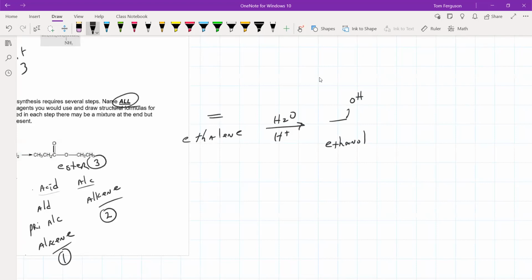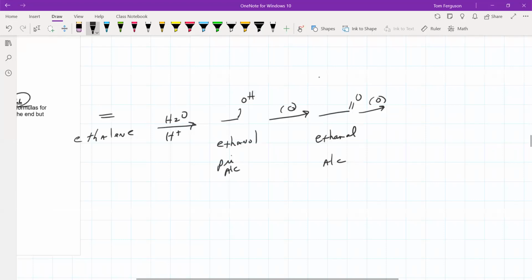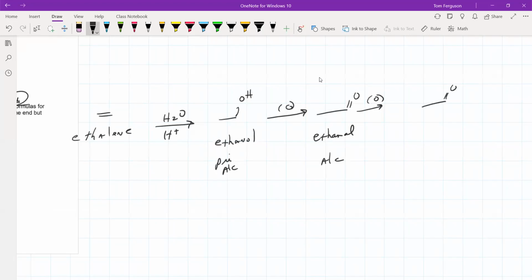I'm going to take that primary alcohol, we're going to oxidize it. That'll make that an aldehyde. I'm going to oxidize it again. And that'll make that an acid. Okay.